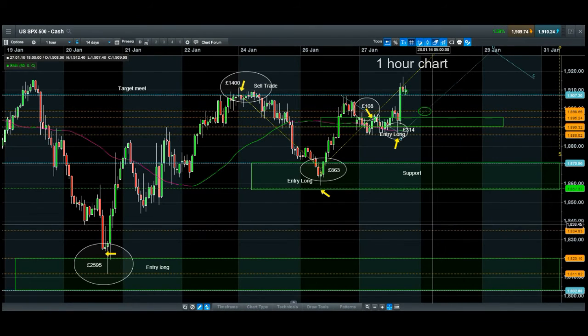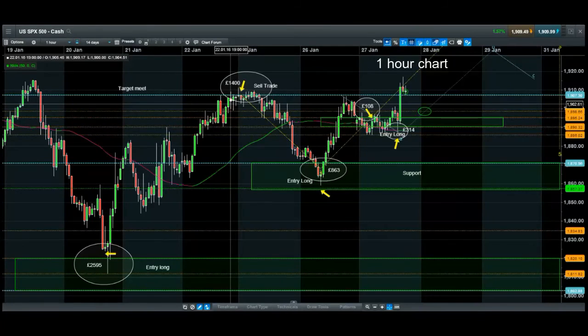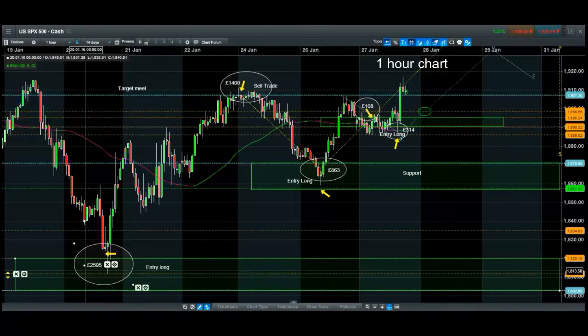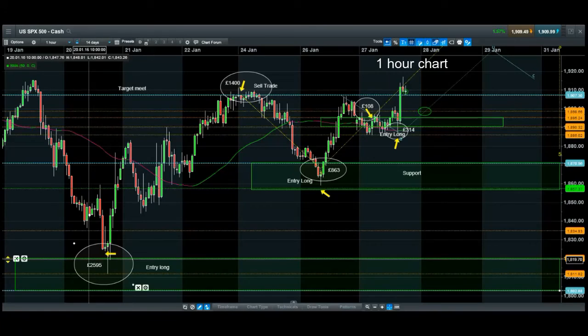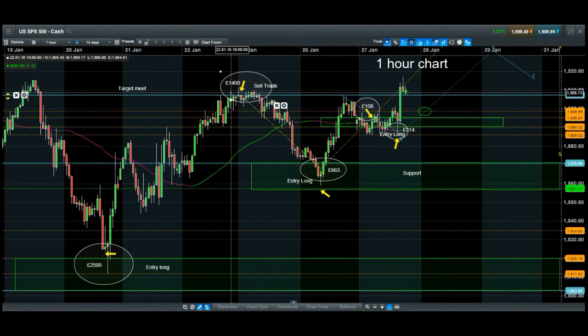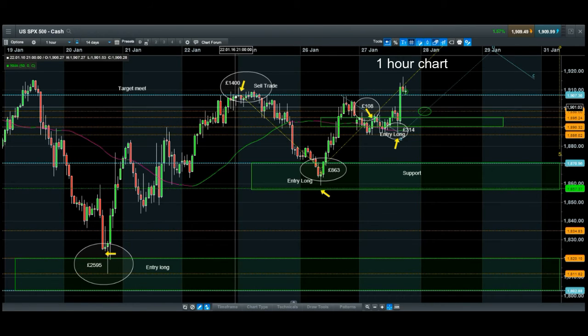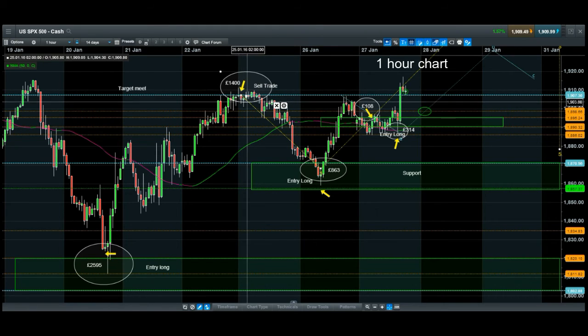Right, back again, and let me just round up some of the numbers here. This was the first entry for long, and I took the profits around here, and that generated £2,595. And then from there, I made a sell, and then here, as it was coming down, I actually made four sells.